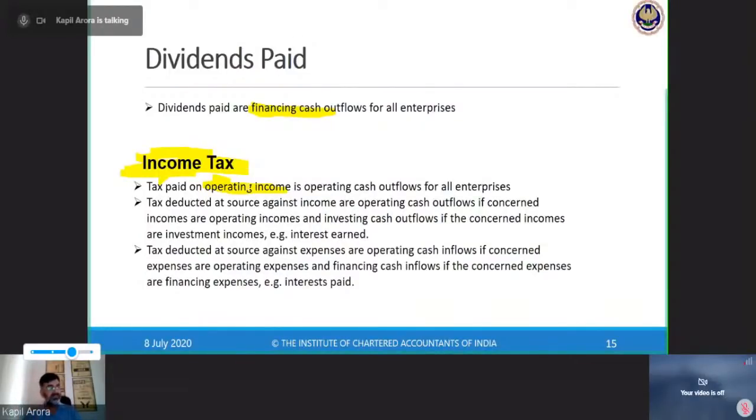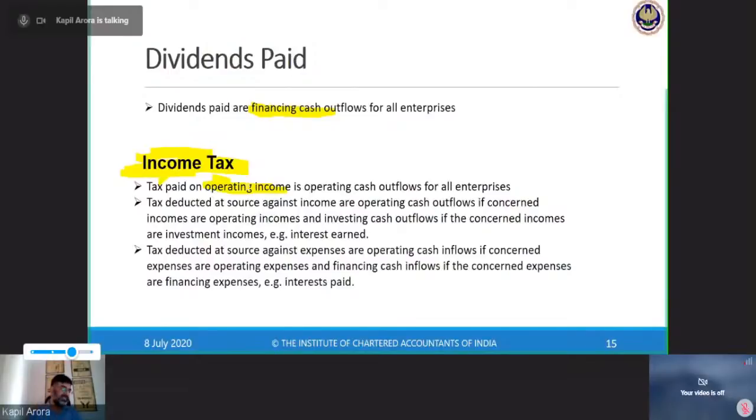However, if there is a tax, let's say capital gain tax, for selling an asset, and I sold an asset which was an investment activity, then tax related to the investment activity will also fall under the investment activity only.